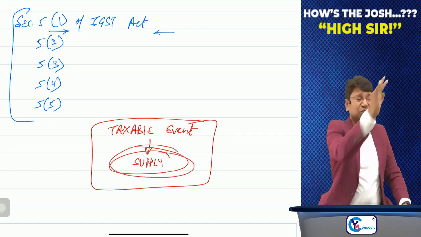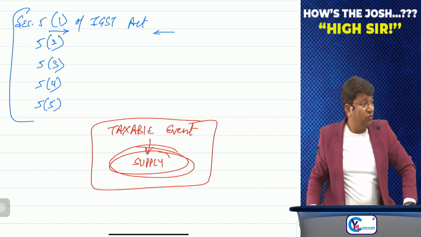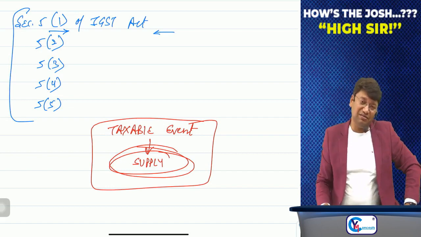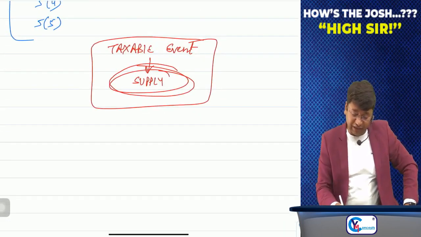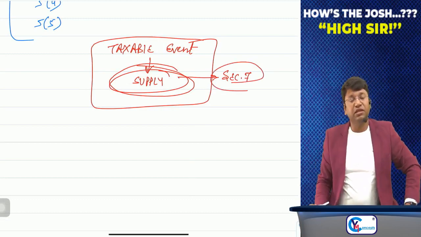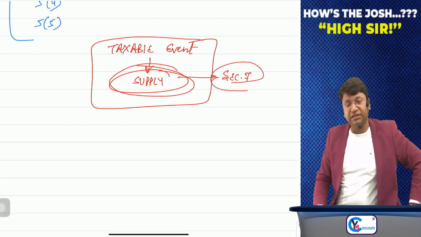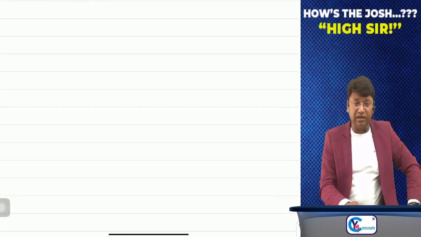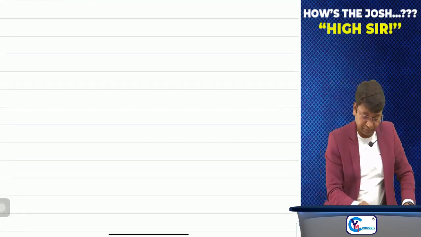So the first question which comes to our mind is, what do you mean by supply? The term supply is very well defined in section number 7 of the CGST Act. Now we are discussing section number 7, supply. Very important term.